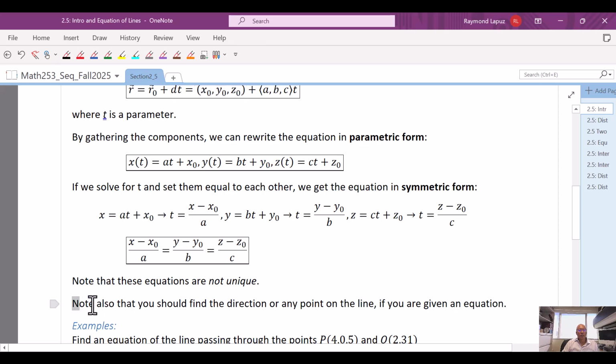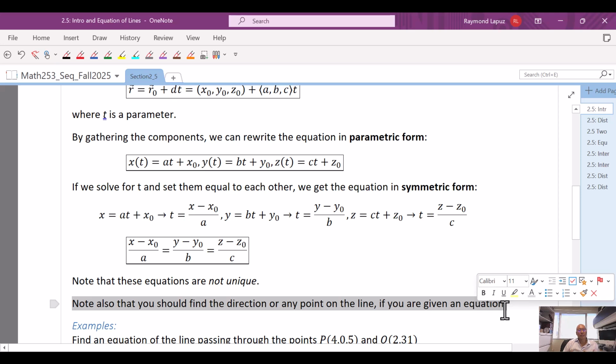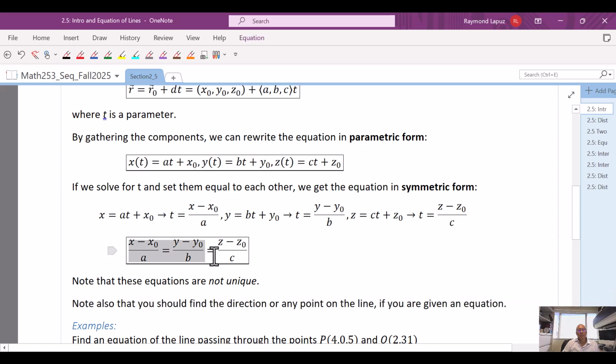Also, if you have a given line, you should be able to extract a point and a direction that is representative of that line. If you have it in symmetric form, you'll see that the components of your direction are in the denominator, and you have x minus x naught, y minus y naught, z minus z naught, which is the point that's on the line that was used to come up with that line.